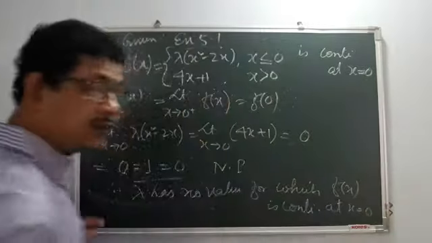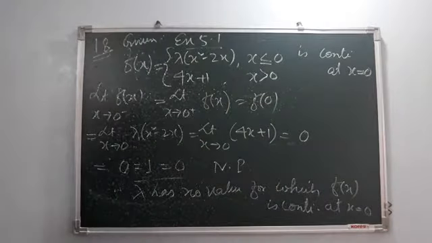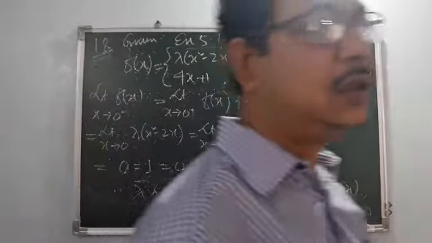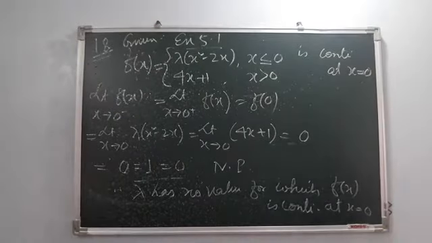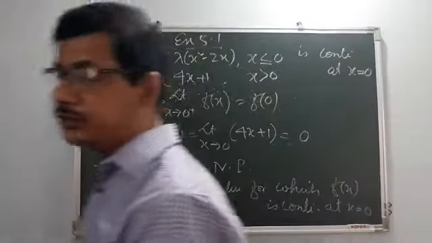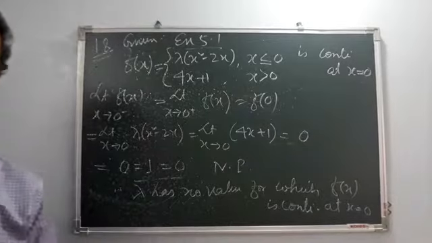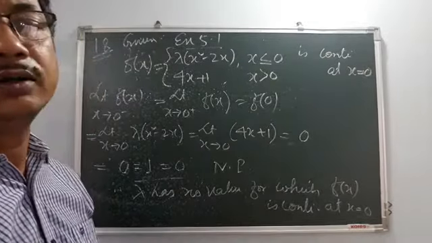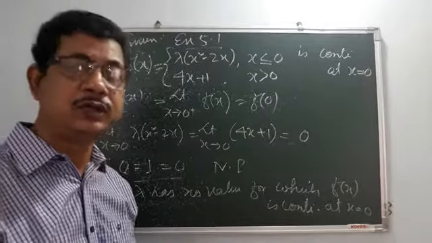Why have we written such a declaration? Because this is quite impossible. If we take f as continuous, then λ would give such a peculiar result that it is not possible. So we say that there does not exist any real value of λ for which f is continuous at x = 0.